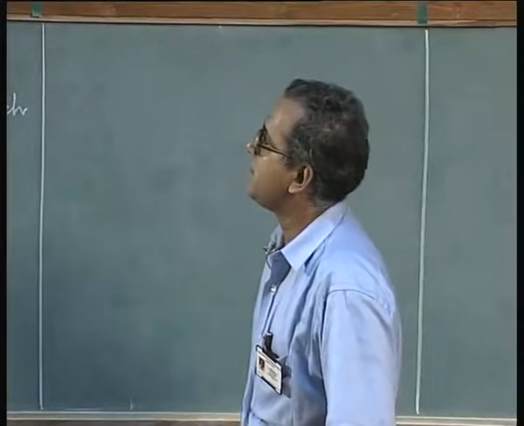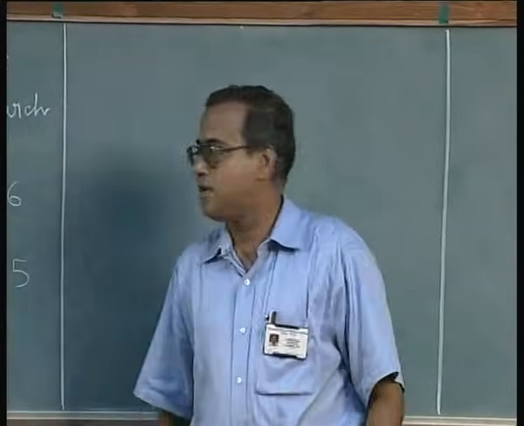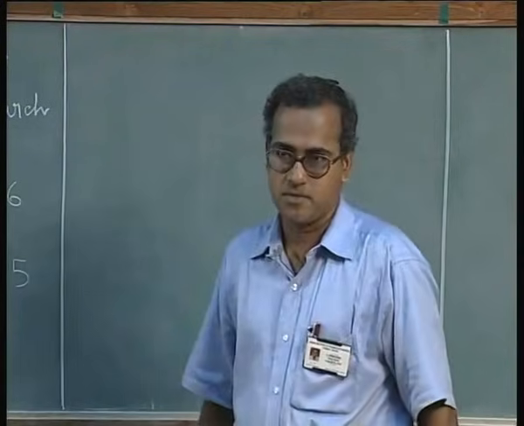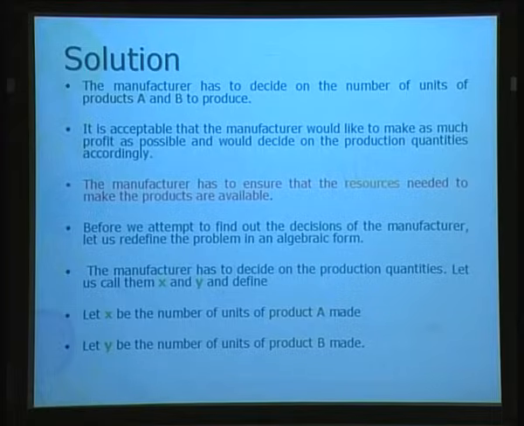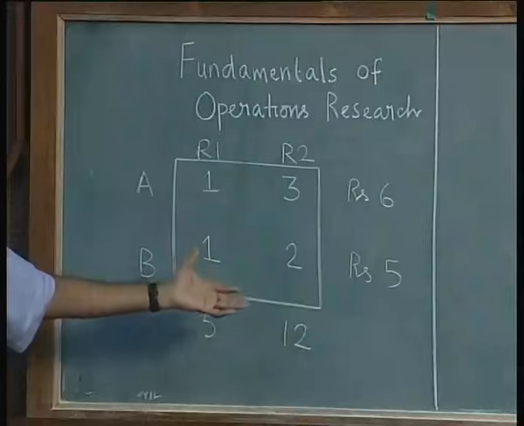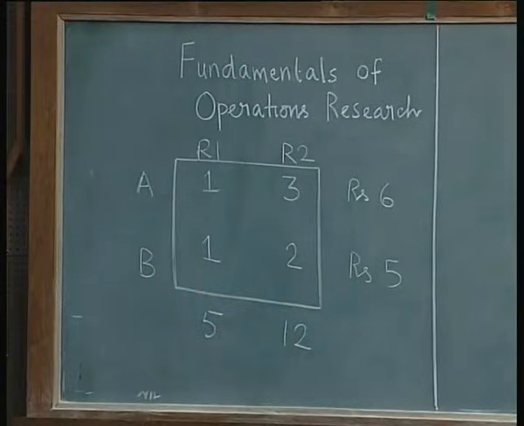Now, the first thing is the manufacturer has to decide on the number of units of A and B to be produced. It is also reasonable to assume that the manufacturer would produce A and B in such a way as to maximize the profit. So, the first thing that the manufacturer has to do is to determine how many units of A and how many units of B he or she is going to produce.